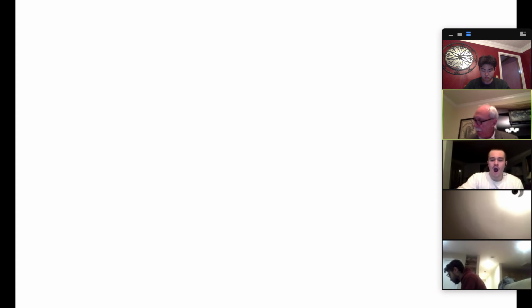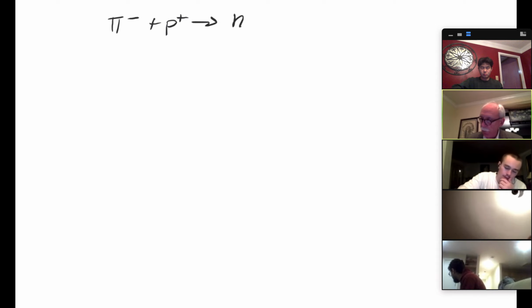Let's try this one. Pi minus plus a proton goes to a neutron plus a pi zero.